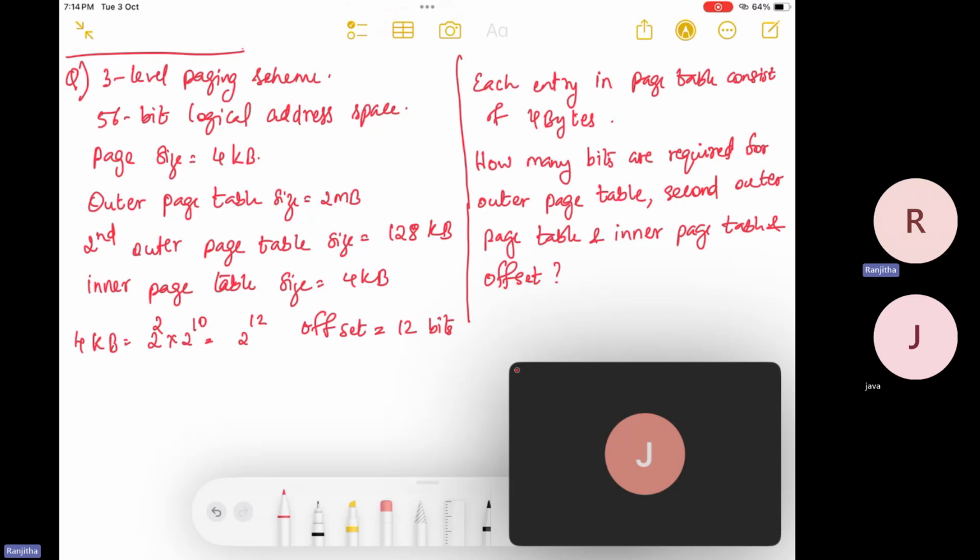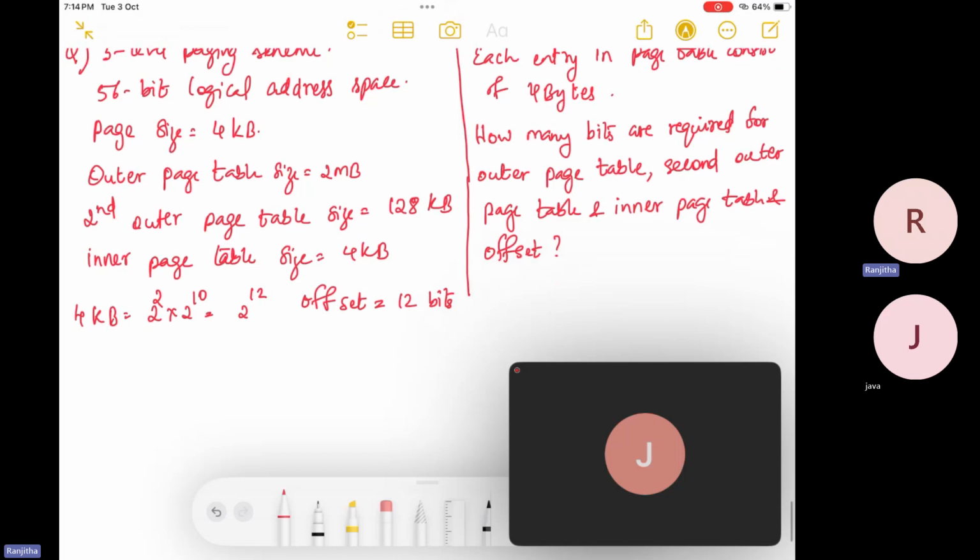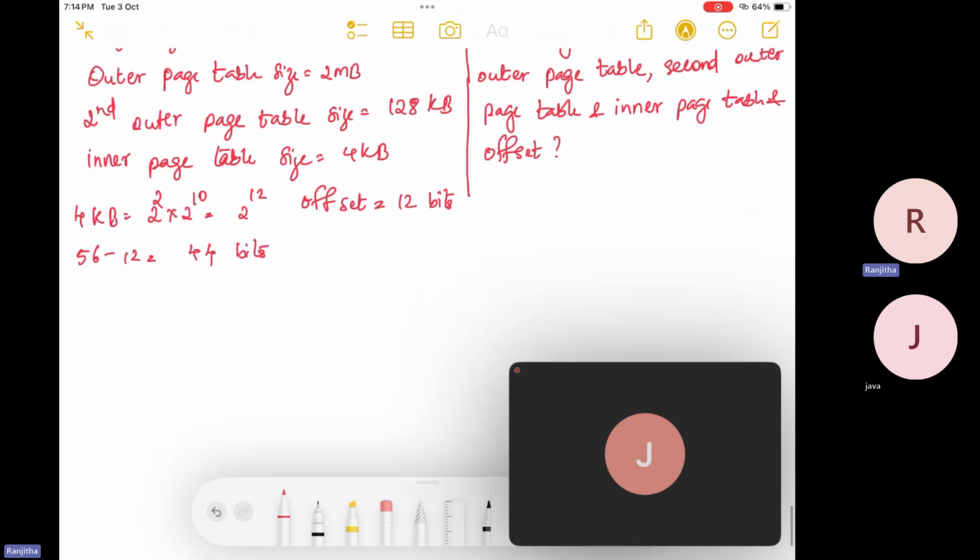Now, how many bits are left? 56 minus 12 equals 44 bits. Now, this 44 bits is split into three portions, that is P1, P2 and P3.